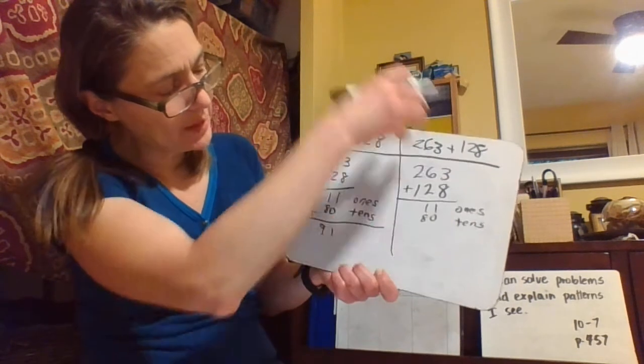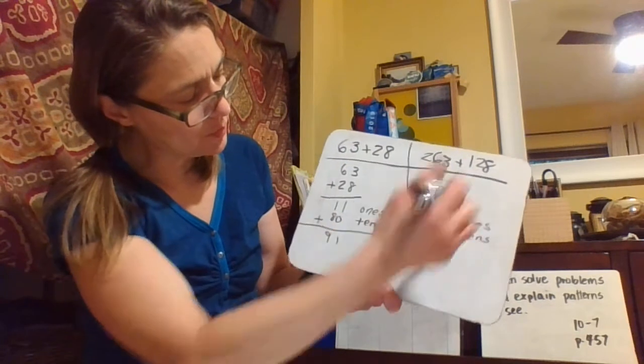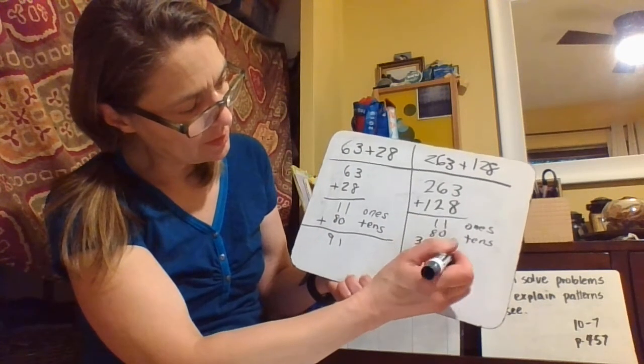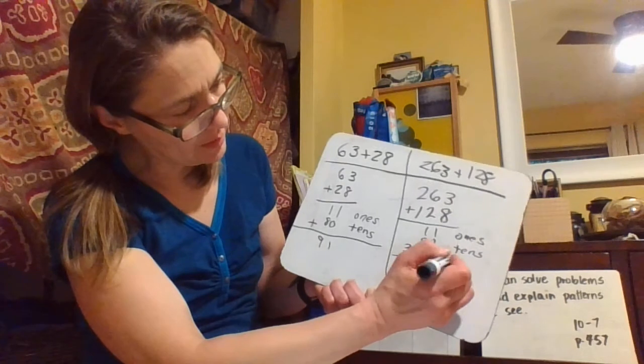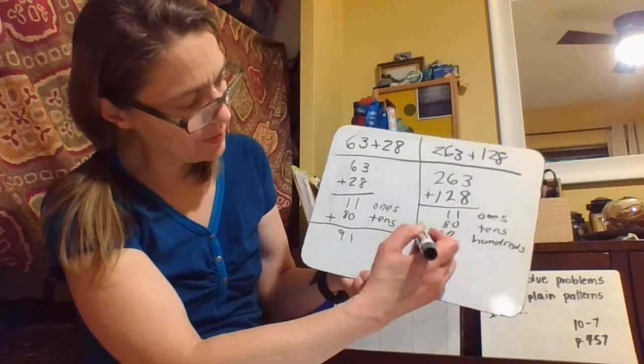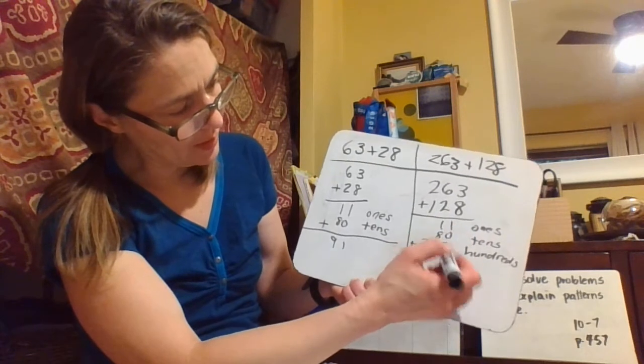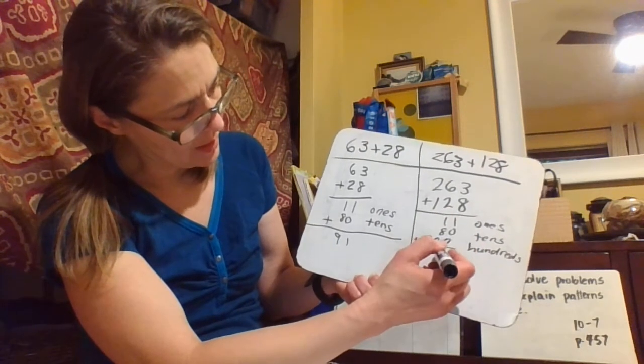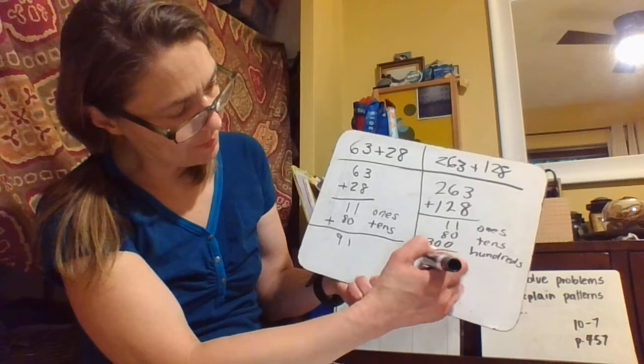You see how I'm always lining it up in its place value, and then 200 plus 100 is 300, and then I'm going to write my sum line and write hundreds so I don't get confused, since I don't have a grid. Then I'm going to add it up, and I have 11, and then 80, and then I have 300.